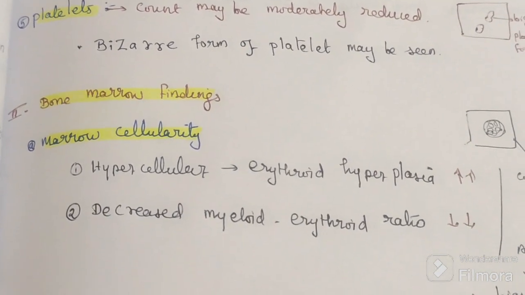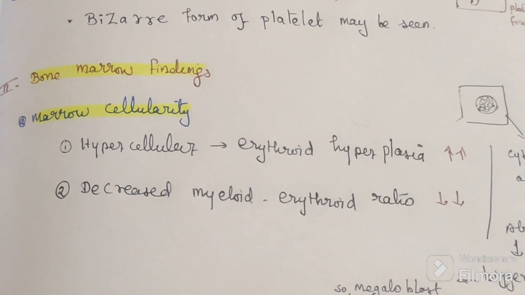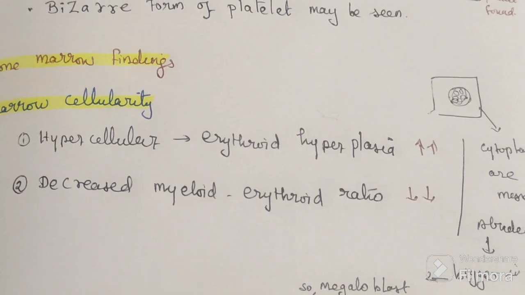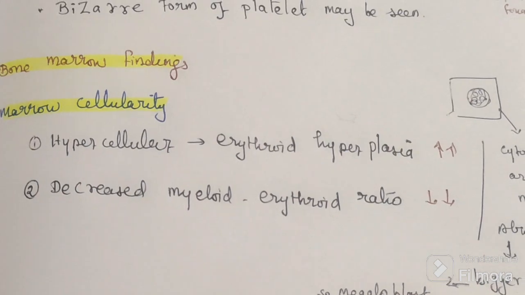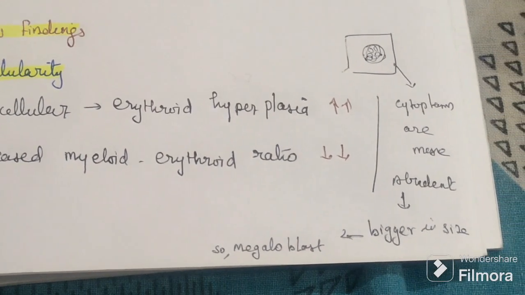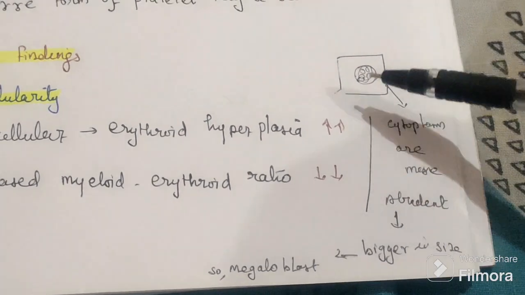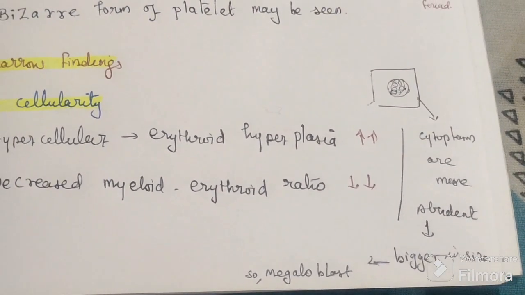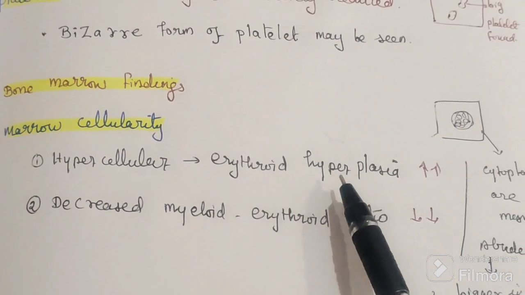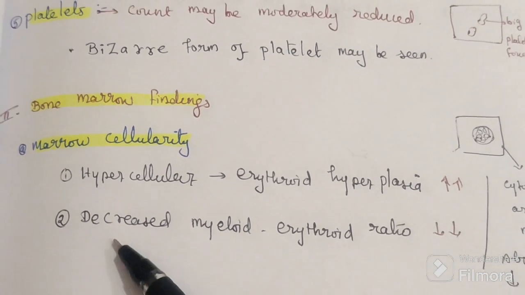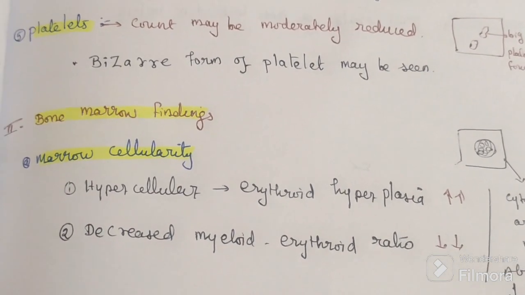Then bone marrow findings. Marrow cellularity: there is increased erythroid hyperplasia, then a decreased myeloid to erythroid ratio. The cytoplasm is more abundant, so the cells are bigger in size because of megaloblastic anemia. Hypercellularity, erythroid hyperplasia increased, M:E ratio decreased.